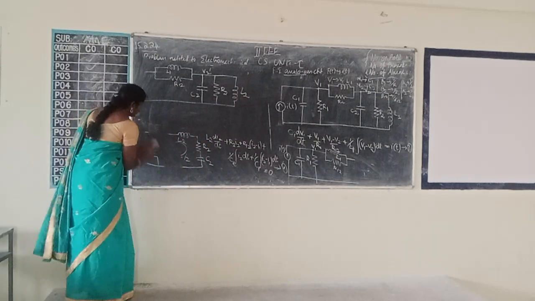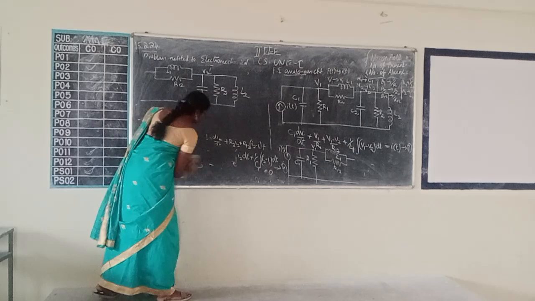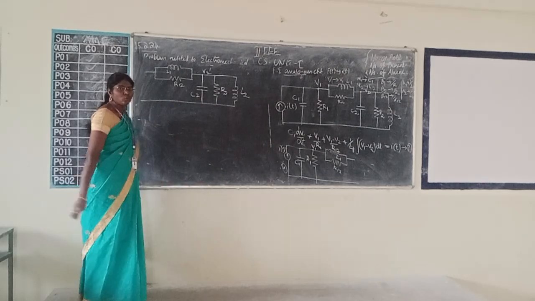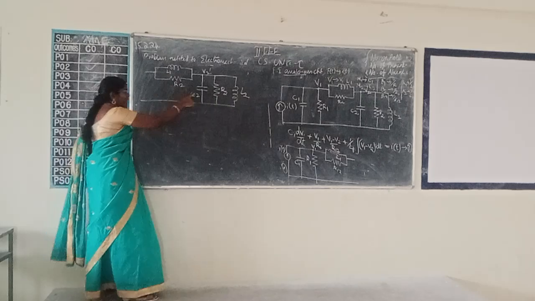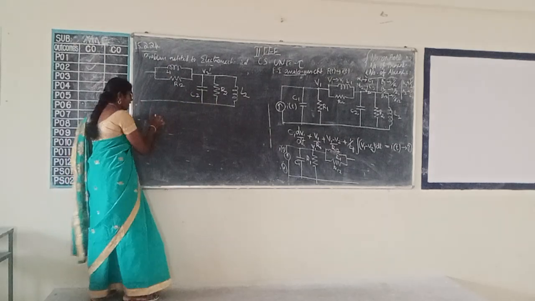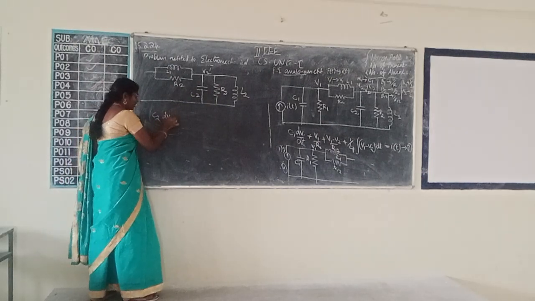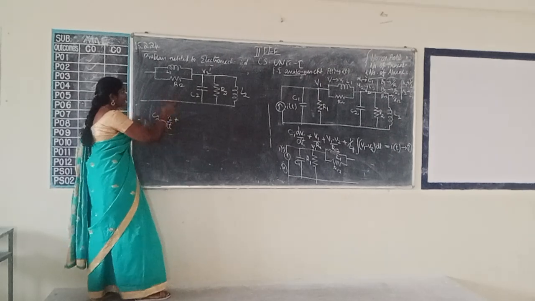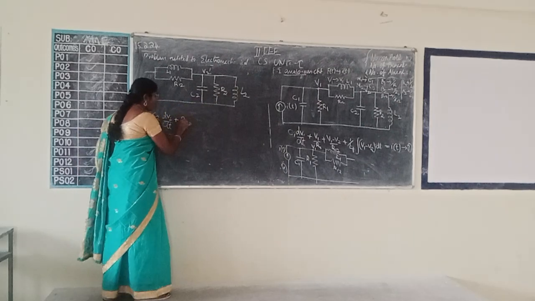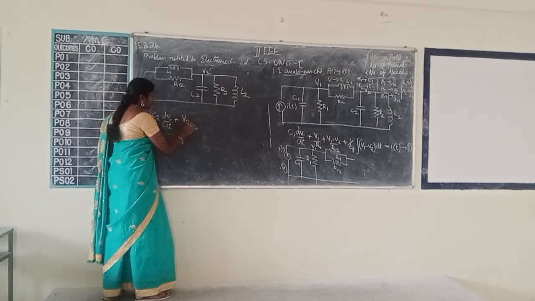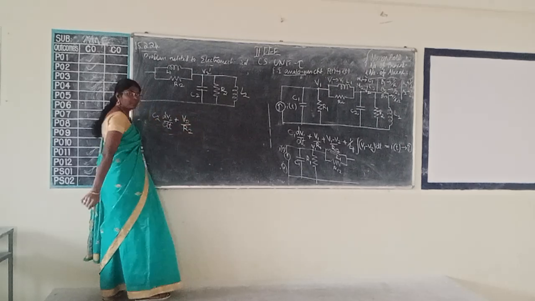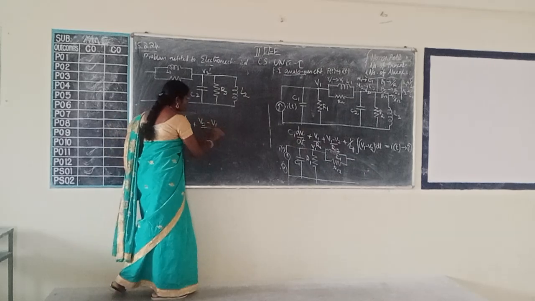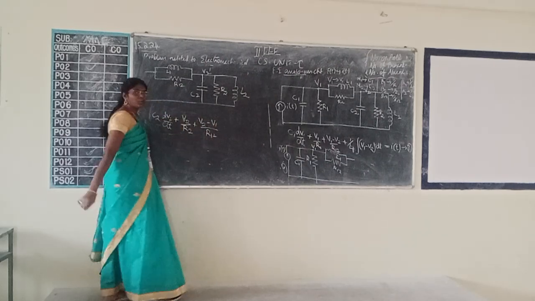So after L2, we have to apply the current rule at node V2. How will we write it? For C2, that is C2 dV2 by dt, plus V2 by R2, and then for R12, V2 minus V1 by R12.